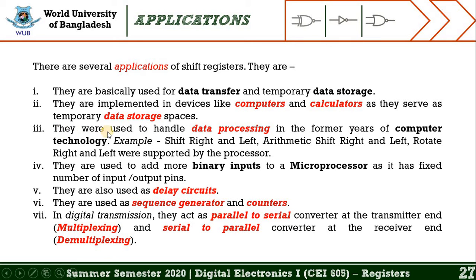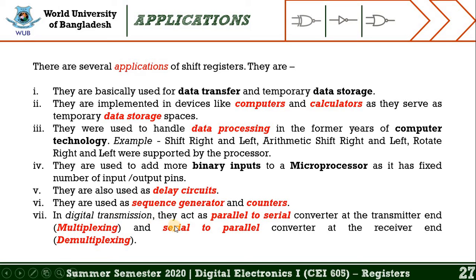They were used to handle data processing in the former years of computer technology, such as shift right and shift left, arithmetic shift right and left, and rotate right and left supported by the processor. They are used to add more binary inputs to a microprocessor, as it has a fixed number of input or output pins. They are also used as delay circuits, sequence generators and counters.